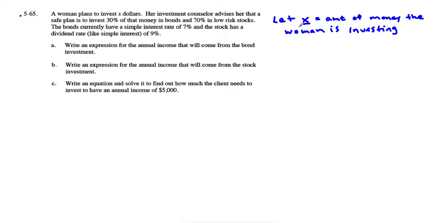Okay, so that's important. You've got to know what x is if you're going to use it in expressions here. So, talking about the annual income that she's going to get from the bonds.